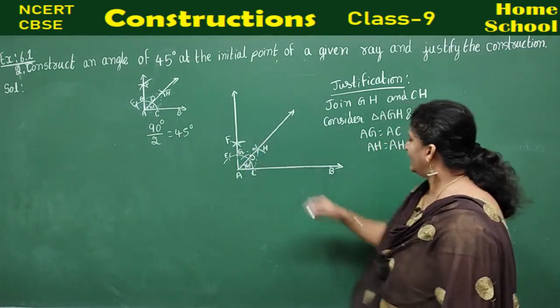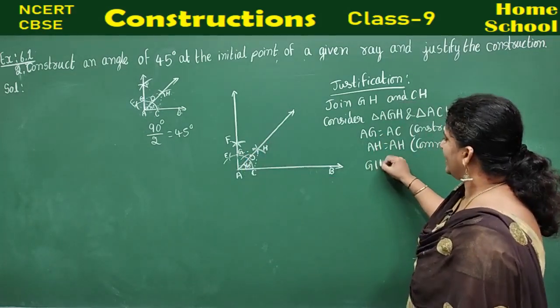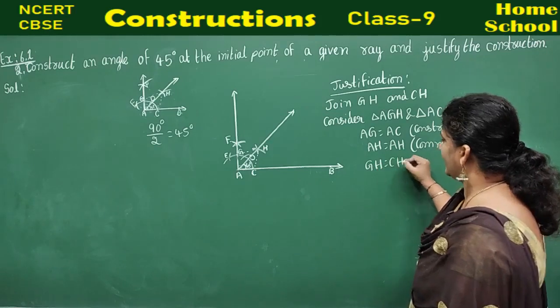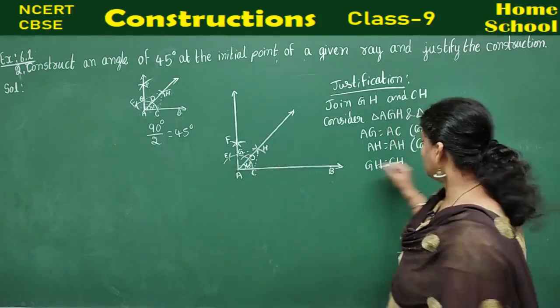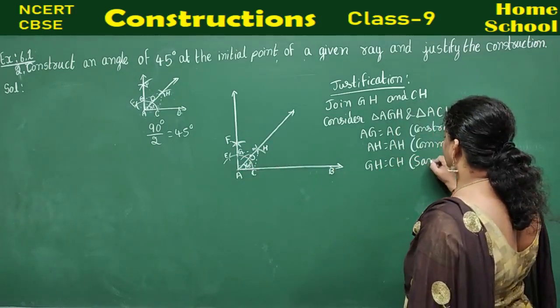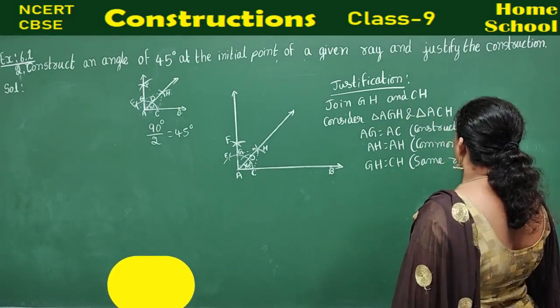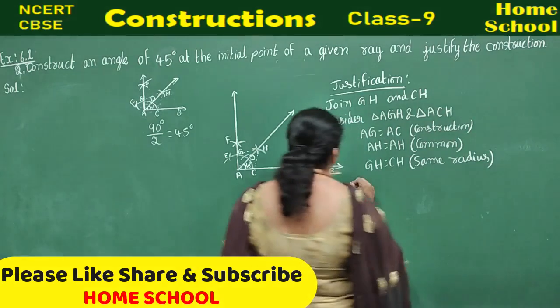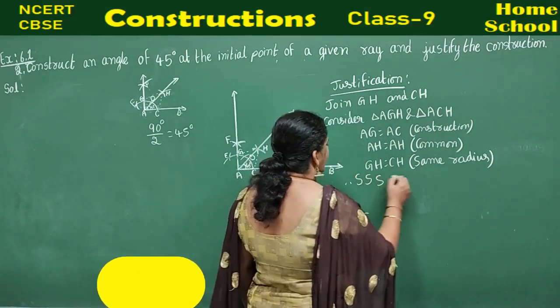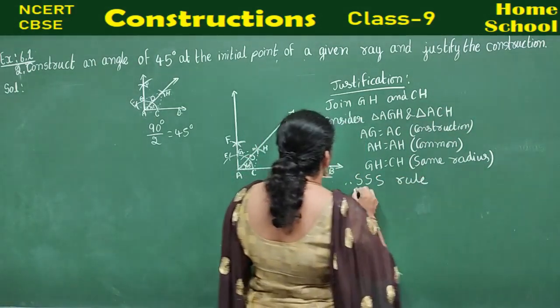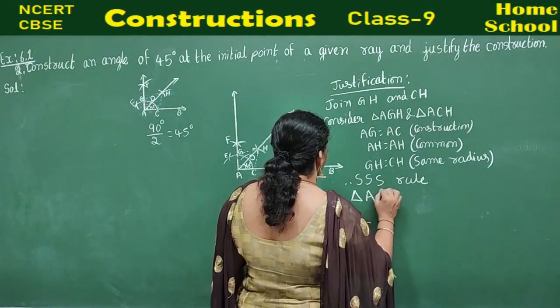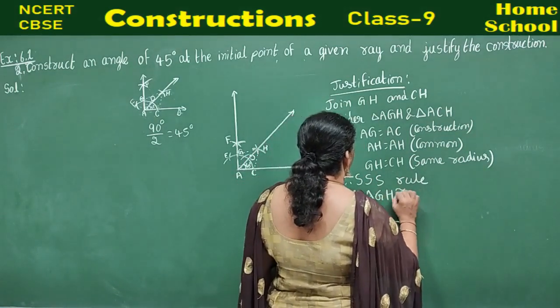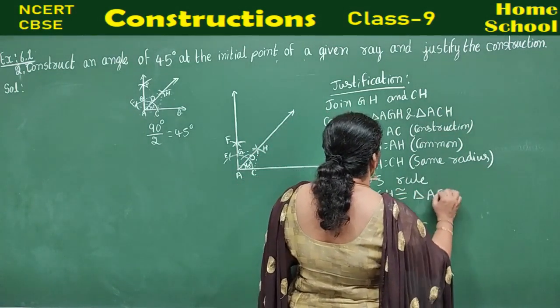And now GH is equal to CH. Why? Same radius, I have drawn the arcs. Therefore, finally, by SSS rule, triangle AGH is congruent to triangle ACH.